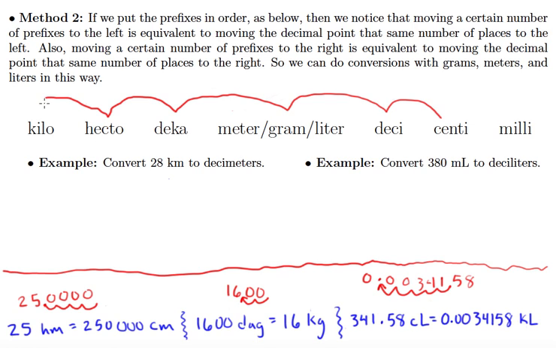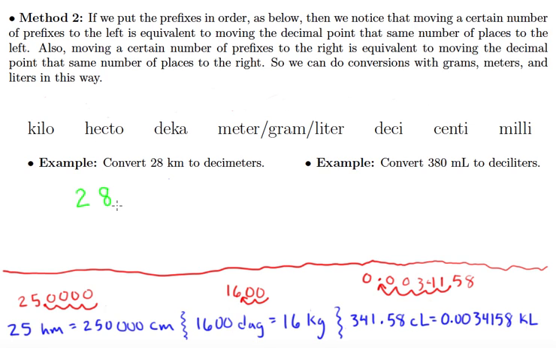So let's put this into practice with 2 fresh examples, to see how this would work. So I have 28 kilometers that I want to turn into decimeters. Okay, and of course the unit conversion factor method still works just fine. It's just I think you can see by now that this is a much quicker method, if we can use it. So I'll start off with my 28 kilometers.